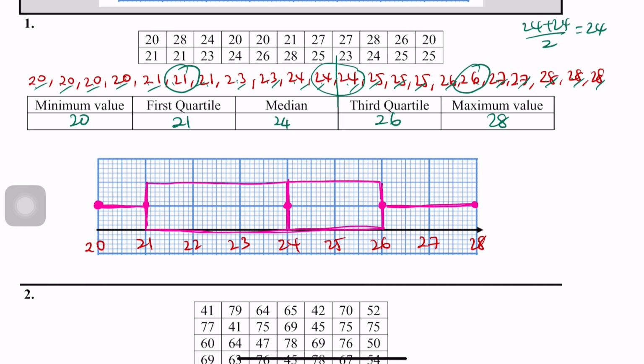Actually you don't have to do it, it's so big. You need to draw it smaller, for example, just like this.